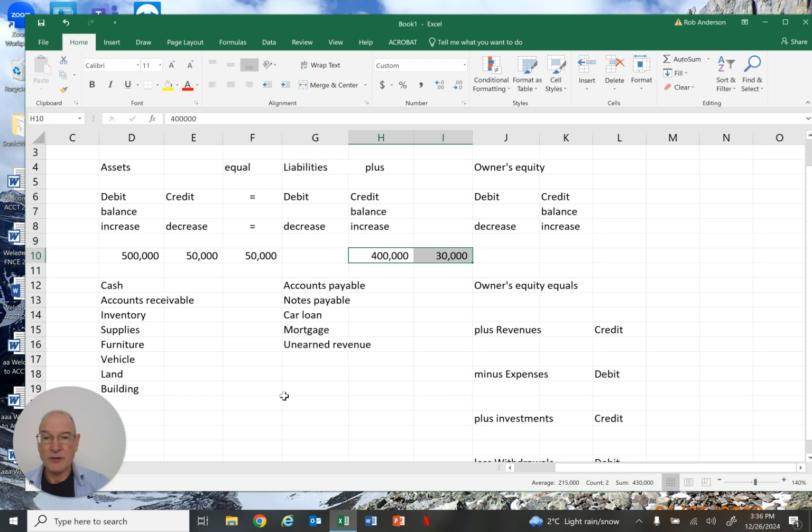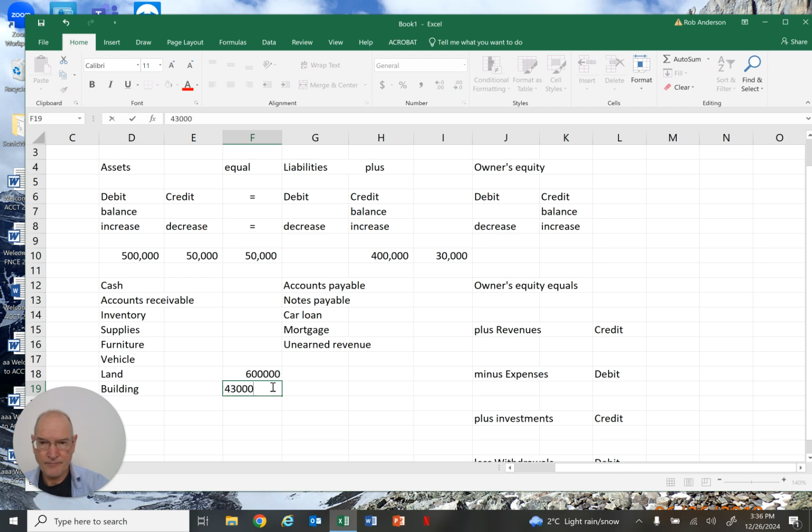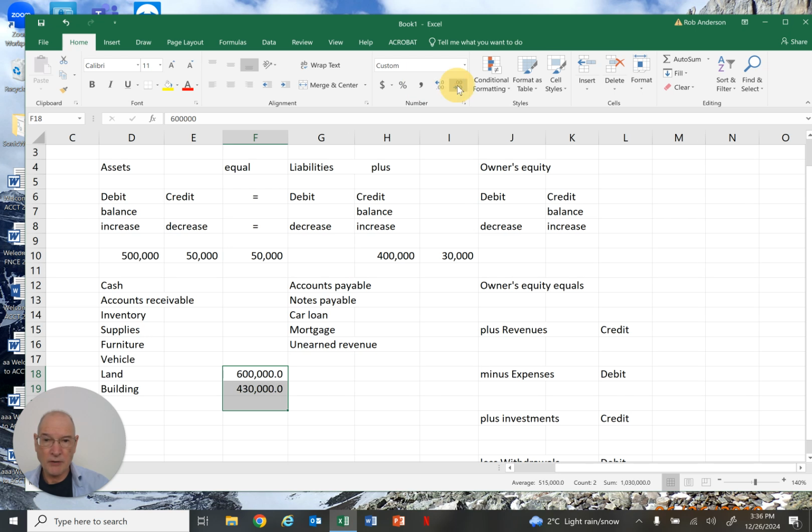So all we have to do, I'm just going to type this out down here. We're going to take our $600,000 of assets, and that's the house and the car and the cash, and we're going to subtract the mortgage and the car loan. And I'm sure you can see where this is going already.